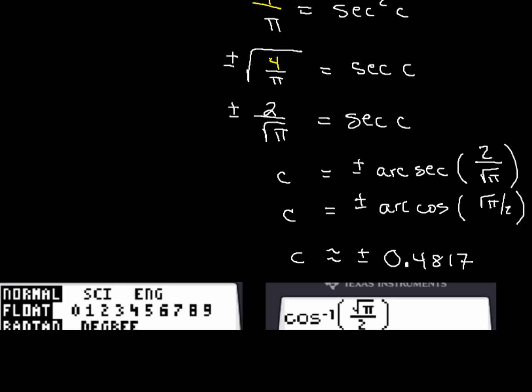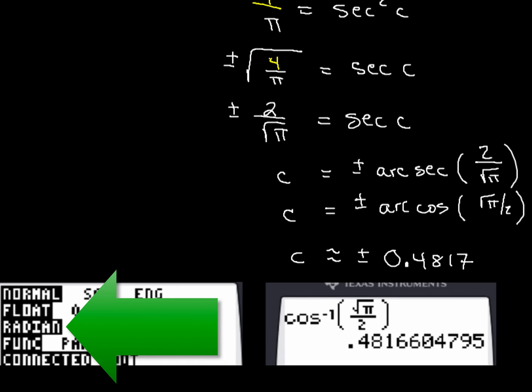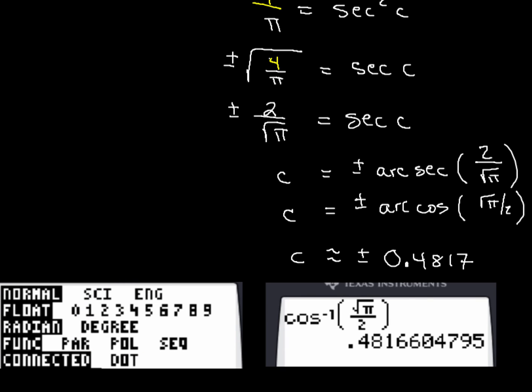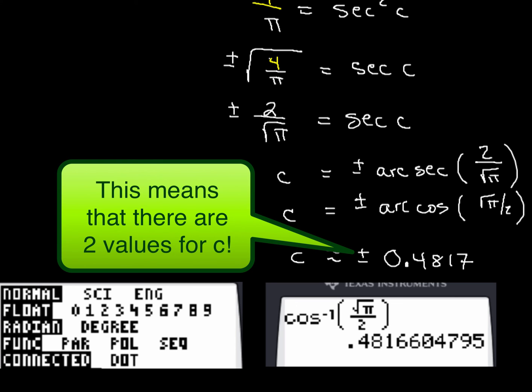One, you've got to be in radian mode, so make sure your calculator's in the right mode. The next thing, when you type it in, just take your time and make sure you put it in correctly. So the value of c guaranteed by the mean value theorem for this particular problem is c is approximately plus or minus 0.4817.